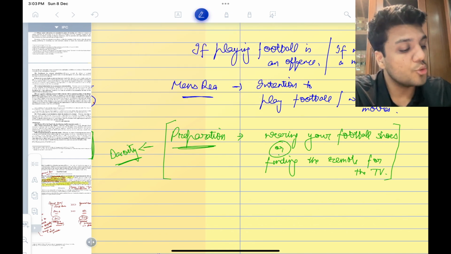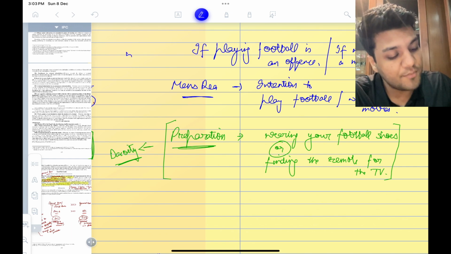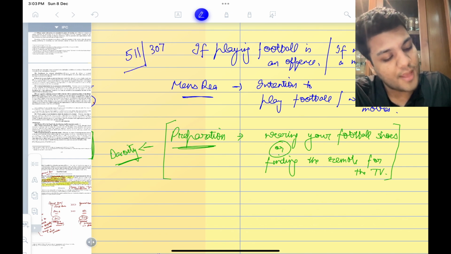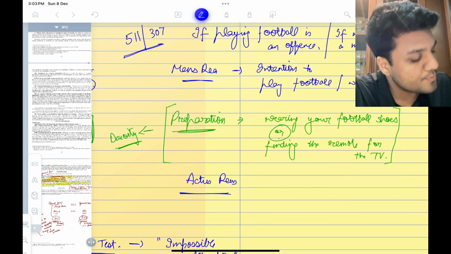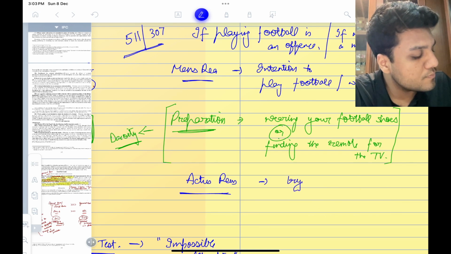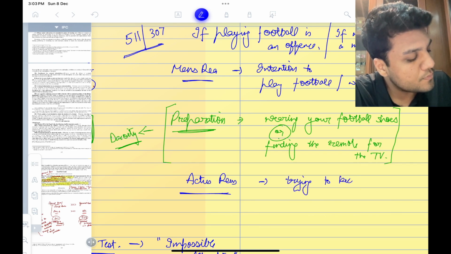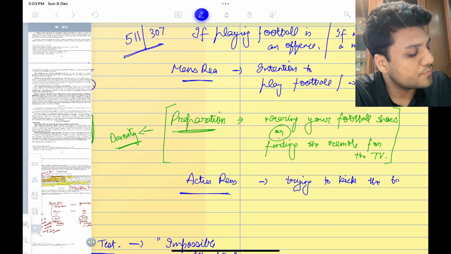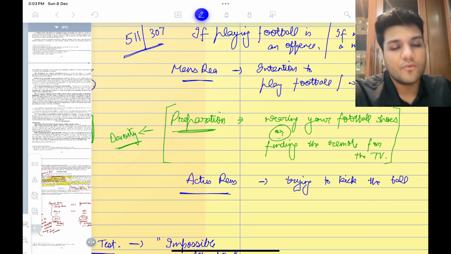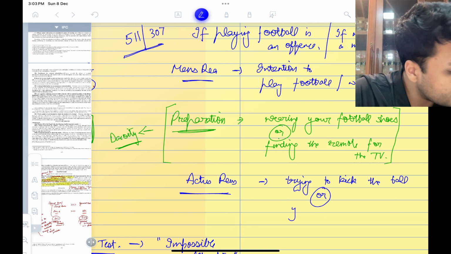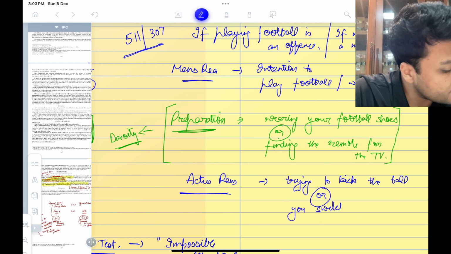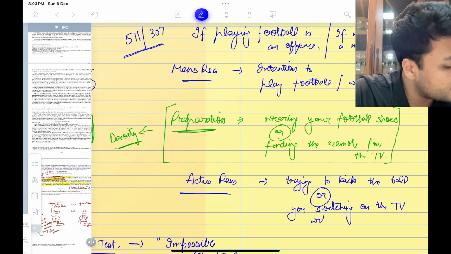On the other hand, to be held liable for attempt under section 511 or even section 307 as the case may be, the actus reus which is required is you trying to kick the ball, right? Or you trying to play as a goalkeeper, whatever, right? Or you switching on the TV with your remote.